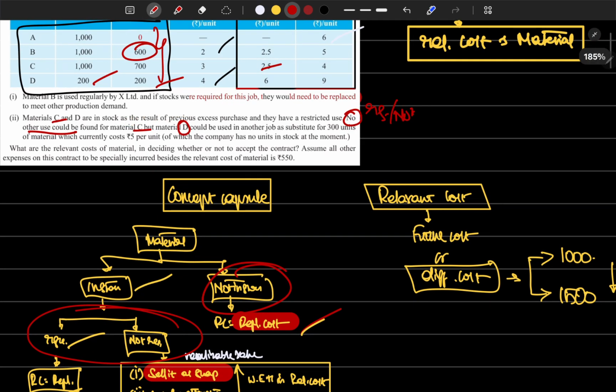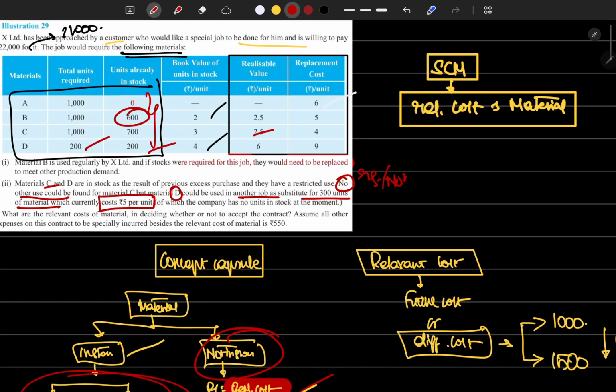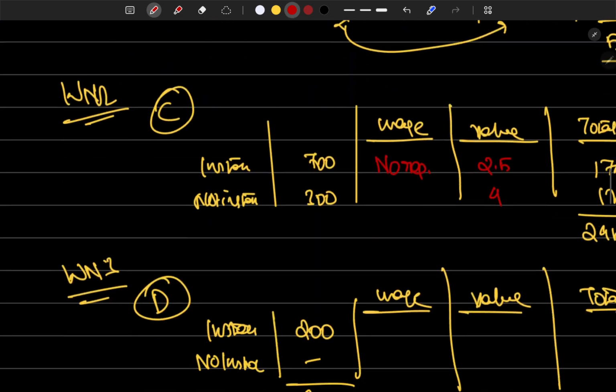Material C and D, we have read that no other use found for material C, and the material D could be used in another job as substitute for 300 units of material which currently in the market price is 5 rupees. That 5 rupees material we are going to replace with 200 at the realizable value of 6. What are they saying?